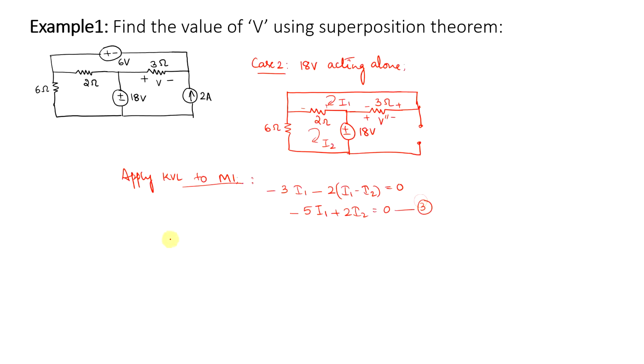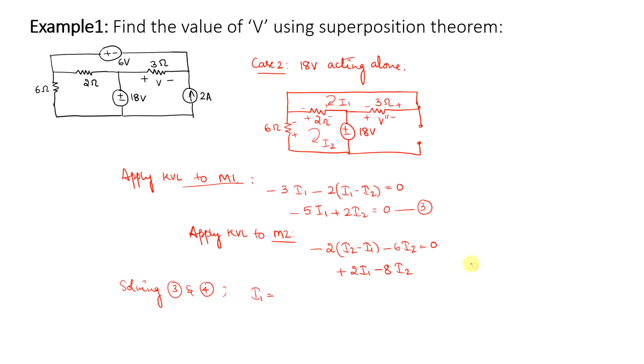Apply KVL to the second mesh. So this becomes plus minus plus minus. So this is minus 2 times I2 is the dominant mesh, so I2 minus I1 minus 6 times I2 is equal to minus 18.